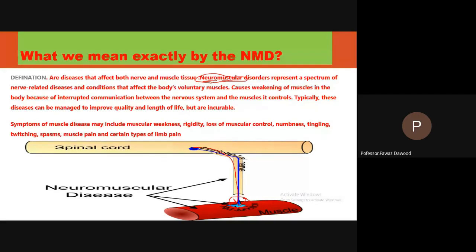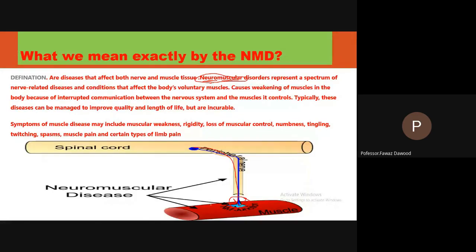So, as a general talking, when there is a defect in the nerve or a defect in the muscles, this is exactly what we call the neuromuscular disease. Here, any difficulty or any disturbance in the communication between the nervous system and the nerve, the result is going to be a neuromuscular disease.